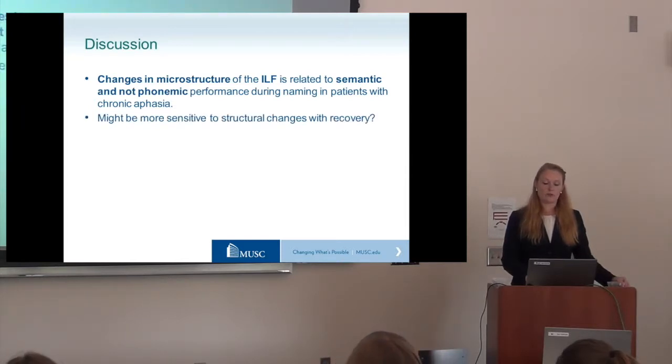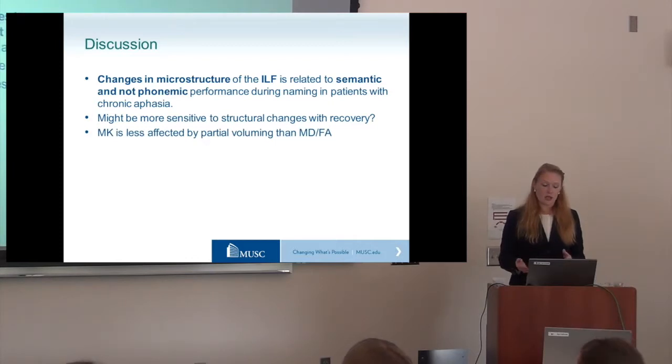Maybe mean kurtosis is more sensitive to structural changes related to recovery. This could be twofold: either we're measuring something different, or mean kurtosis is a parameter that is less affected by partial voluming than either mean diffusivity or FA, so it might just be less noisy.